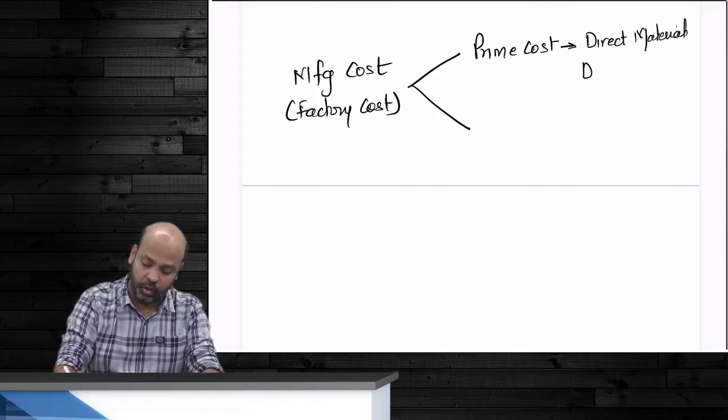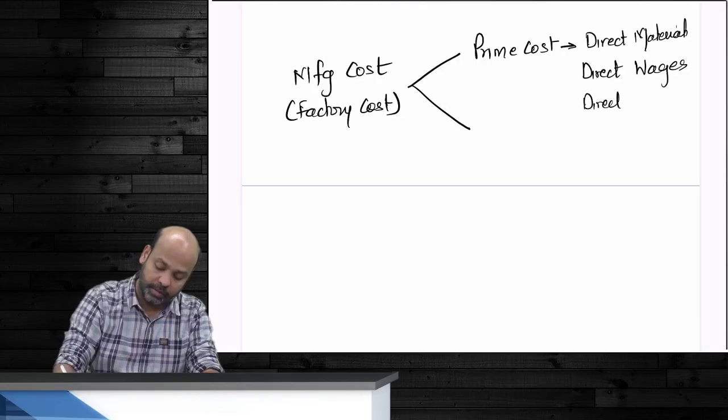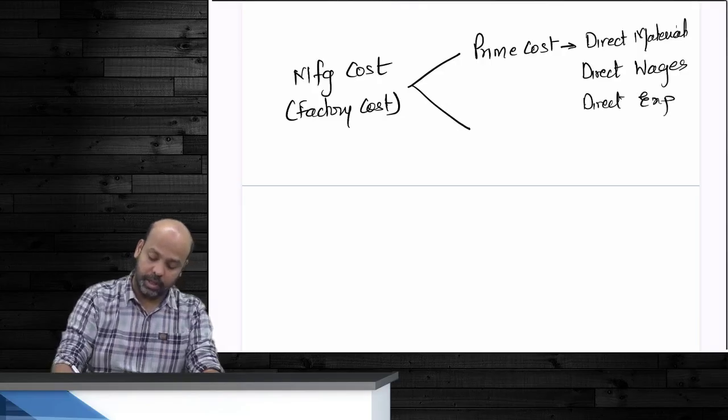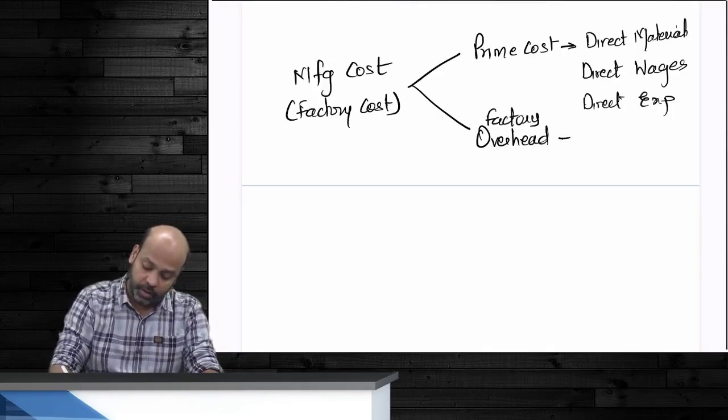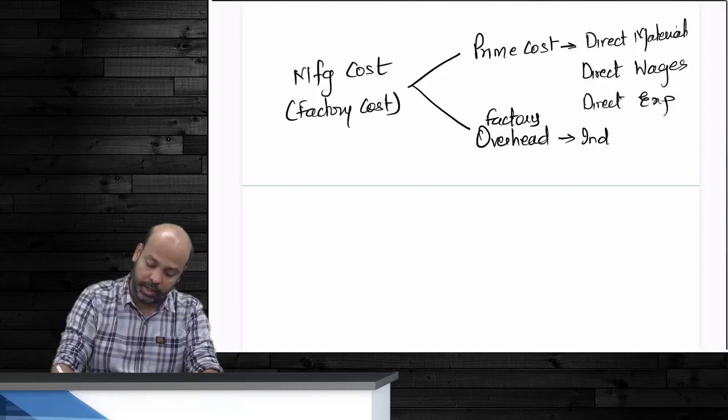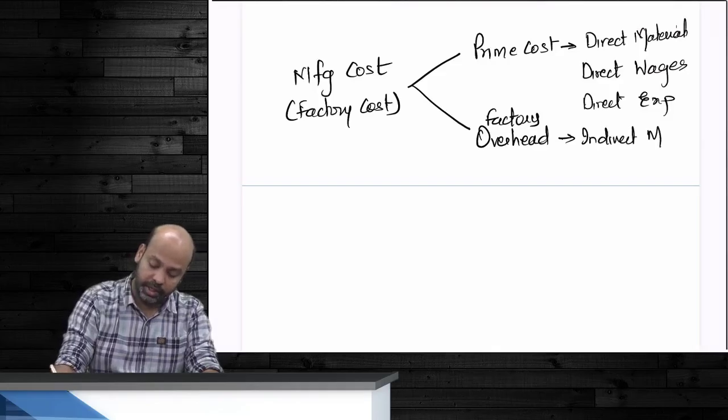Even if you do not know the word prime cost, that is fine. You will have direct material, direct wages, and direct expenses. And then there will be factory overheads, manufacturing overheads. This will include indirect material, wages, and expenses.